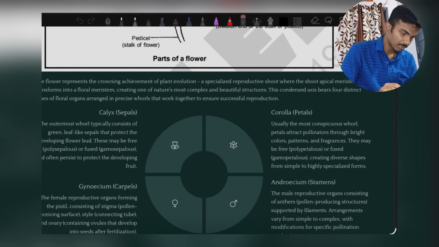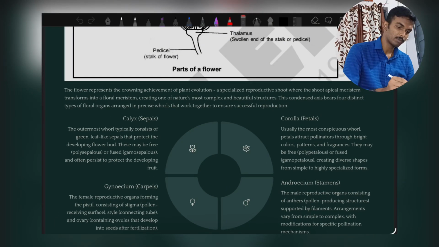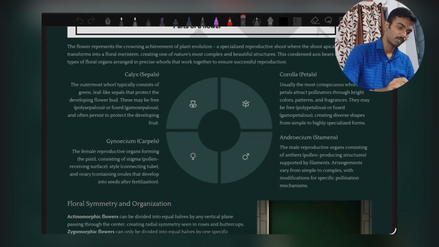The flower represents the crowning achievement of plant evolution, a specialized reproductive shoot where the shoot apical meristem transforms into floral meristem, creating one of nature's most complex and beautiful structures. This axis bears four distinct types of floral organs arranged in precise whorls that work together to ensure successful reproduction.